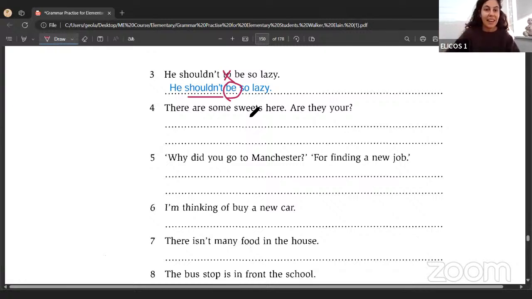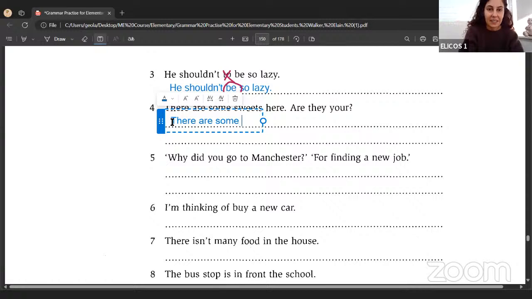Number 4, there are so many sweets here. Are they your? So the first part, fine, there are some sweets here. Are they, because it's plural, we know the sweets are plural, are they?